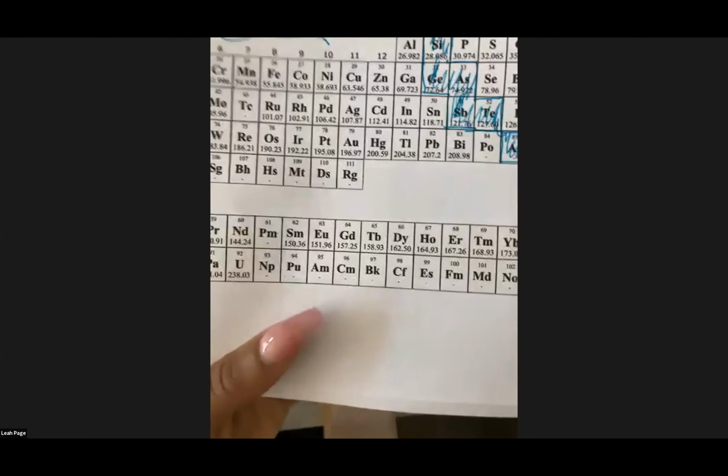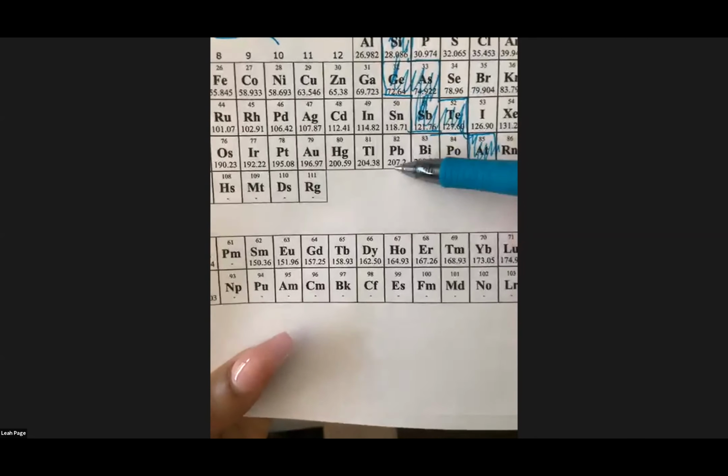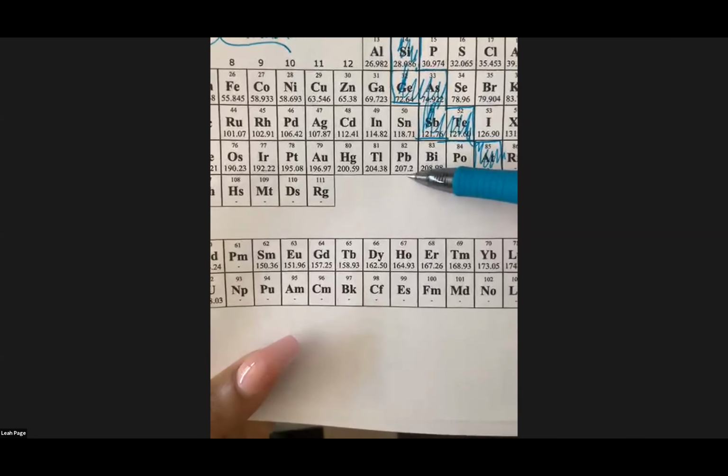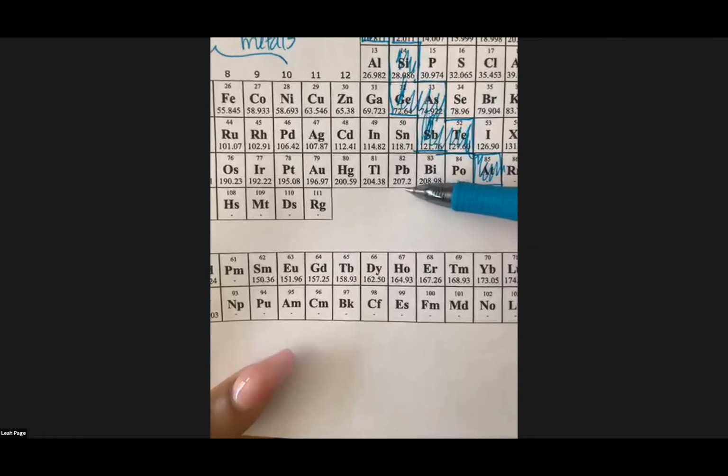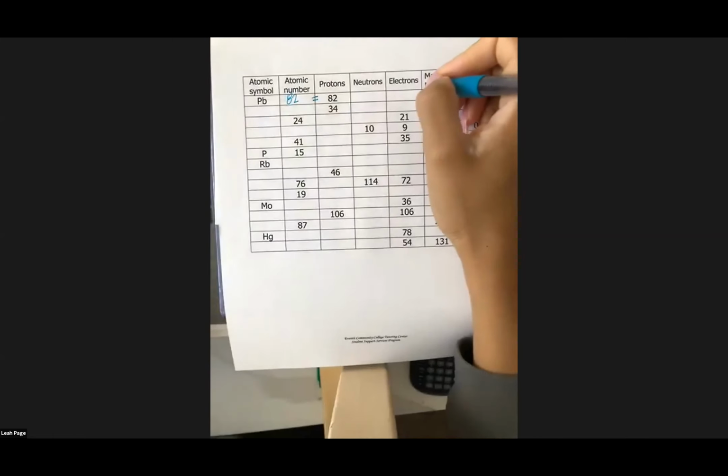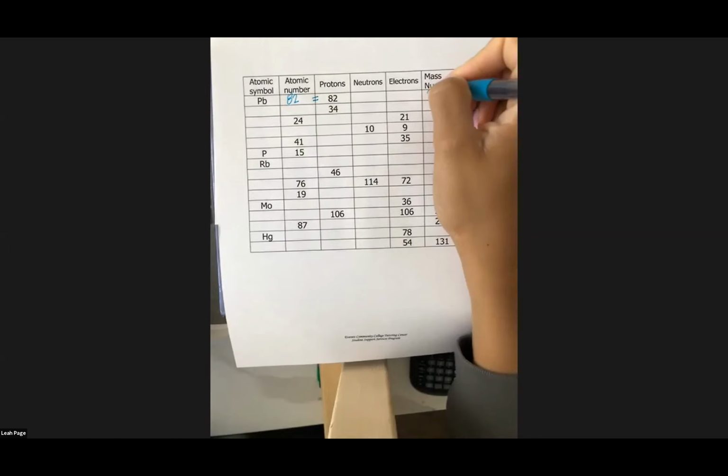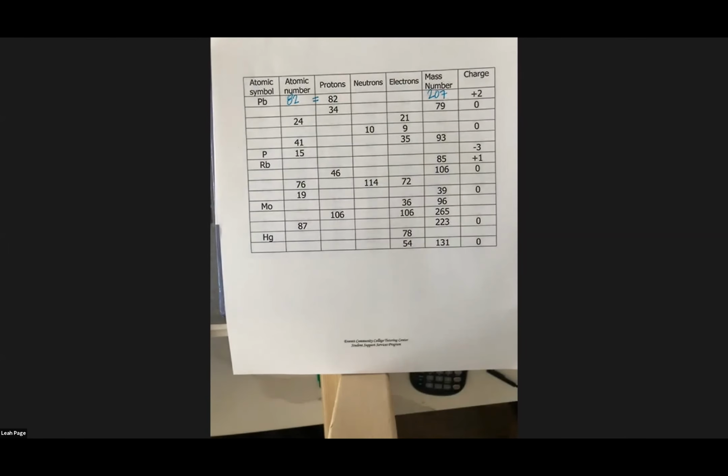So if I look at lead, I see that it says 207.2. I need to just round that to 207. This is only if they don't give you both the mass number and the neutrons.